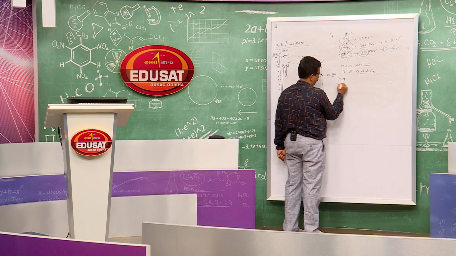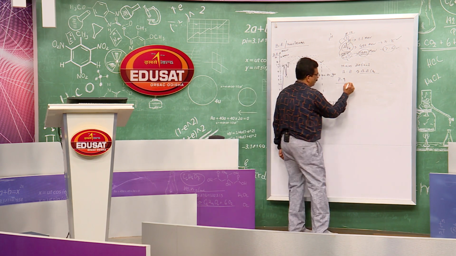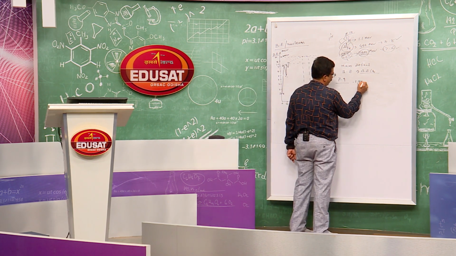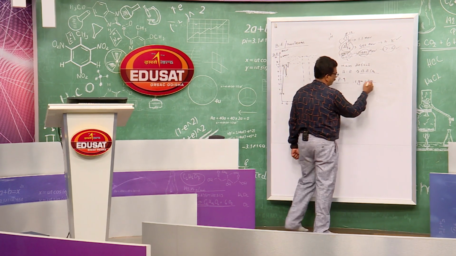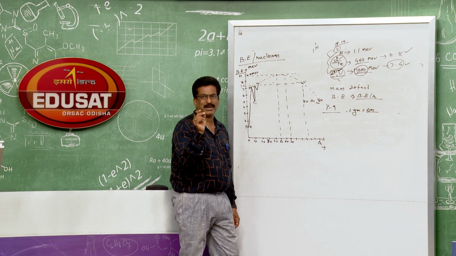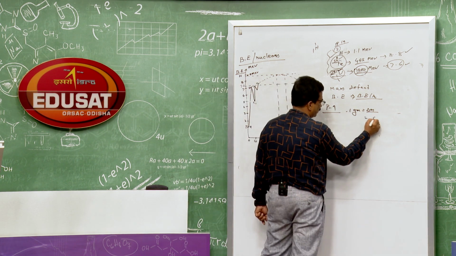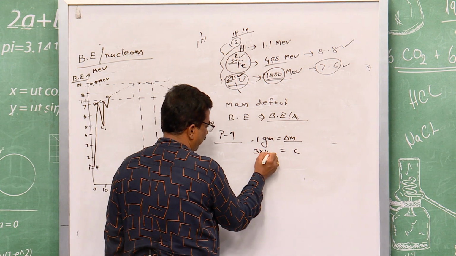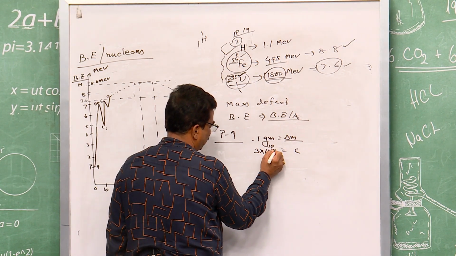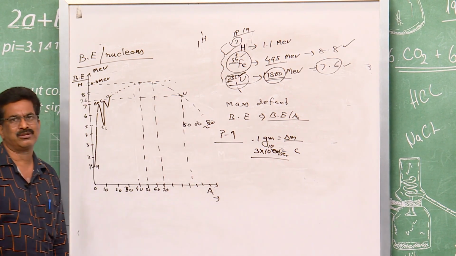Energy equivalent of 0.1 gram means 0.1 gram is delta M, the mass given. You have to find the energy equivalent in kWh, given C, the velocity of light, which is 3 into 10 to the power of 10 centimeter per second. So, these two things are provided.